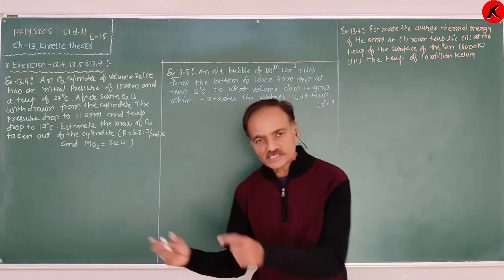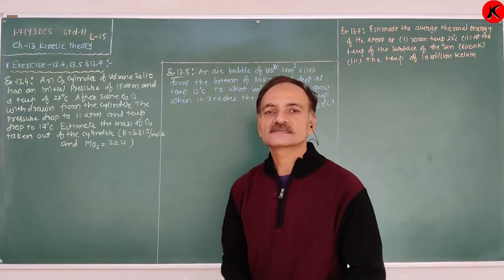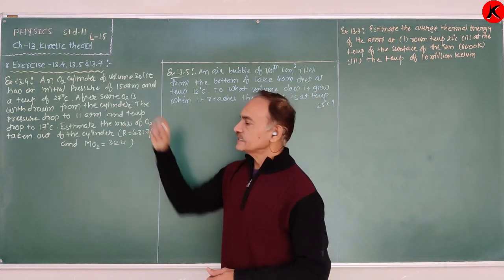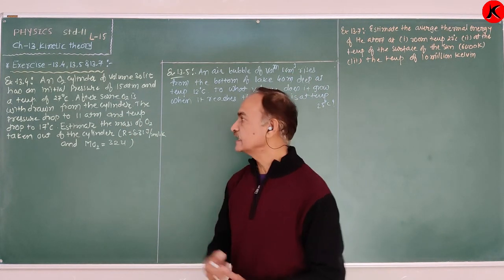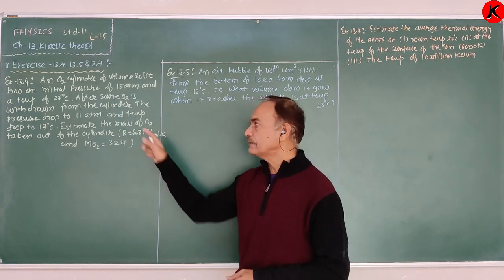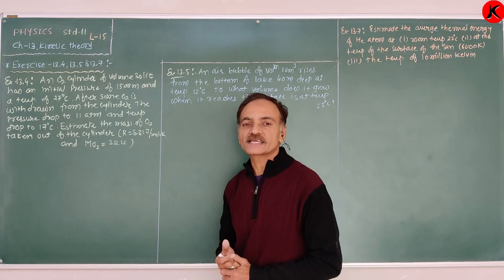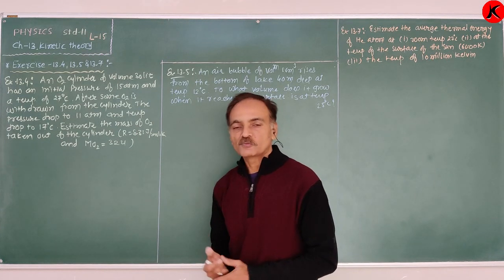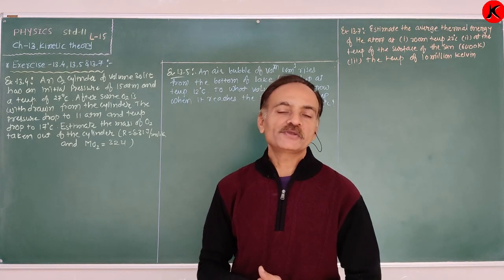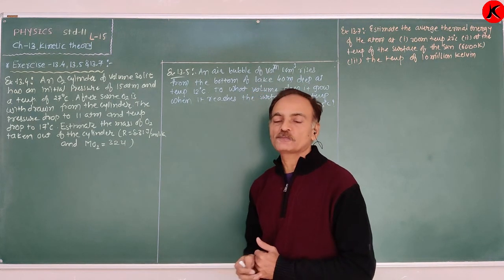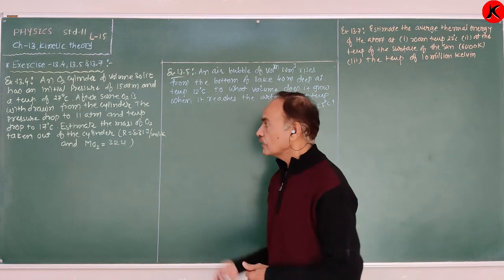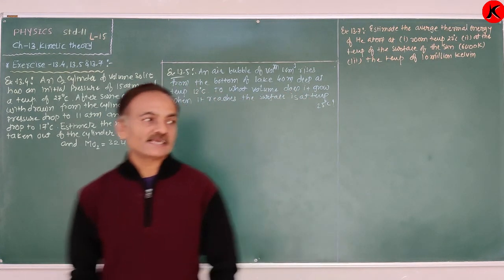Now some oxygen is taken out from the cylinder. After that, the pressure dropped to 11 atm and temperature dropped to 17 degrees centigrade. So we have to calculate how much mass of the oxygen is withdrawn from the cylinder. Clear? Okay. For that purpose, first we write down whatever data is given.